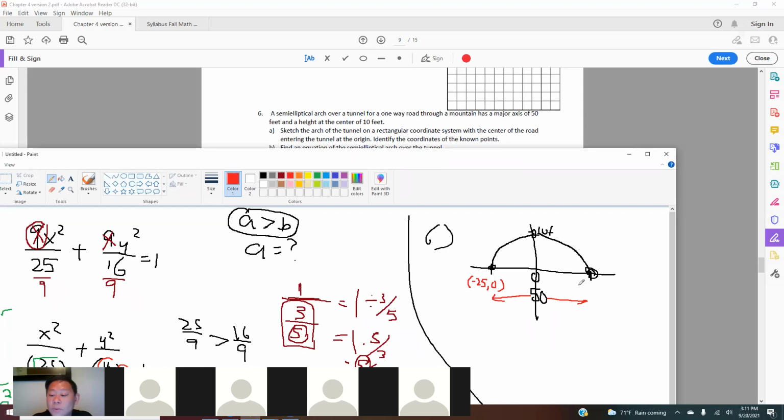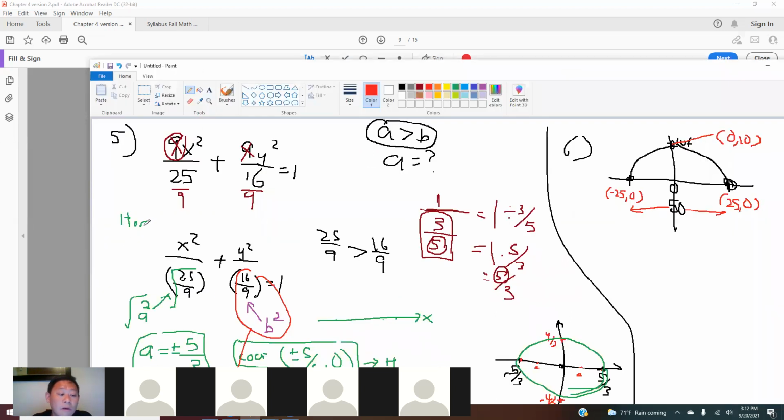And what is this one? 25, 0, right? And what are the coordinates of this one since you go up 10? 0, 10. Okay. Can you tell me, is this parabola horizontal or vertical?